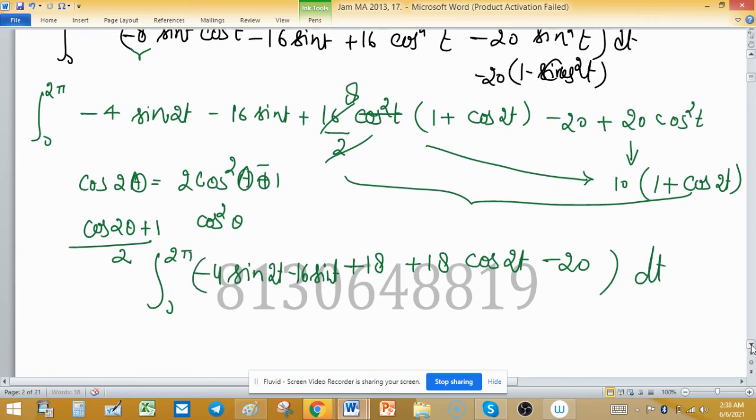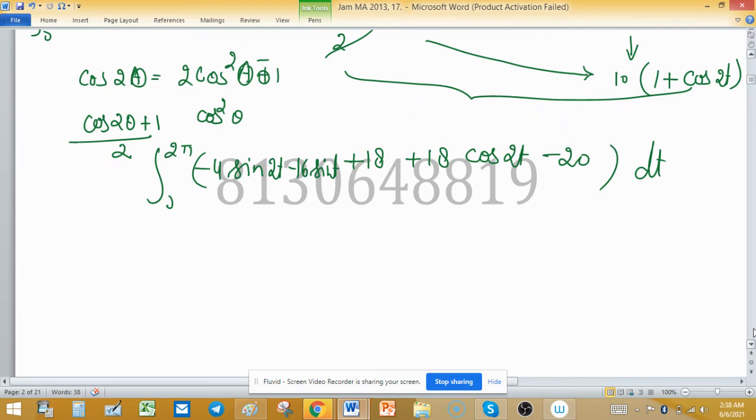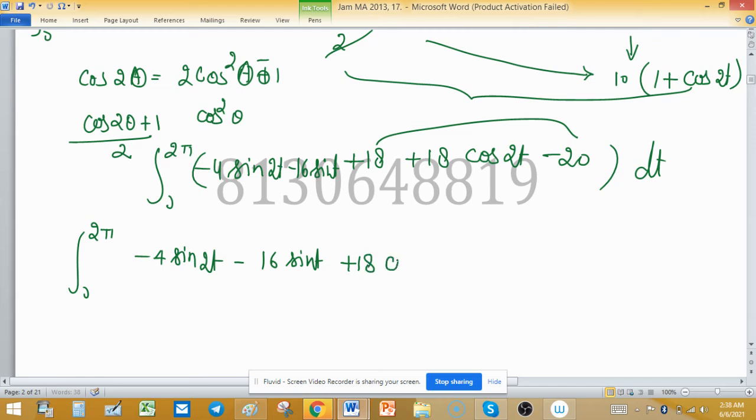This is only the calculation part, you can do it better than me. From 0 to 2 pi, this is minus 4 sin 2t minus 16 sin t, and combine these two: minus 16 sin t plus 18 cos 2t and minus 2.